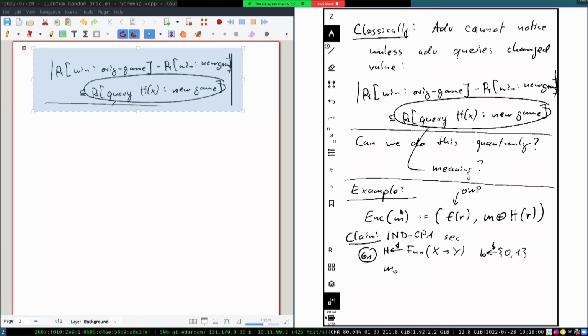Then we run the adversary. It gives us two messages, M0 and M1, and it has superposition access to the random oracle. Normally it would get the public key here, but since I simplified that away, it doesn't get anything. Then we encrypt the message MB with the encryption scheme above.